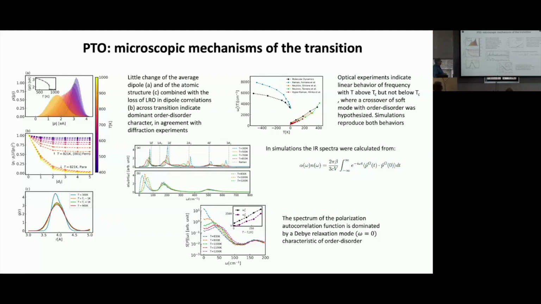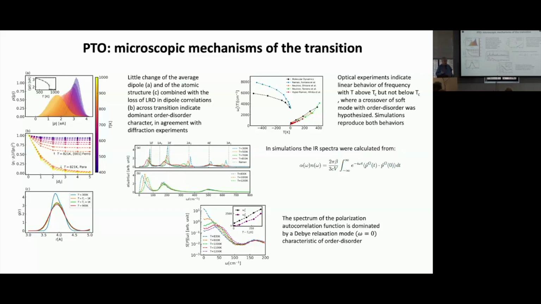Now, I would like to say that, again, the fact that there is significant order-disorder character was discovered about 30 or so years ago by diffraction experiments, both X-ray and neutron diffraction, in which they found that the positions of the atoms are distorted also in the symmetric phase.